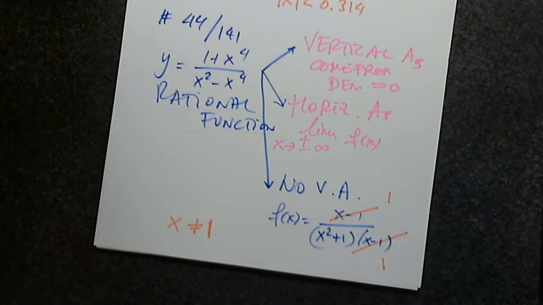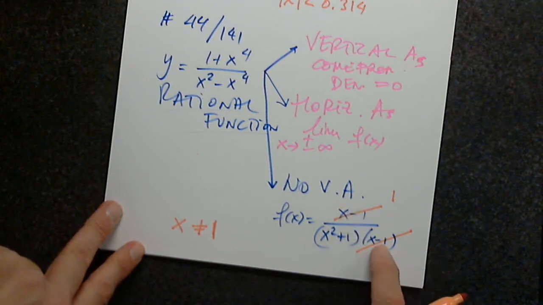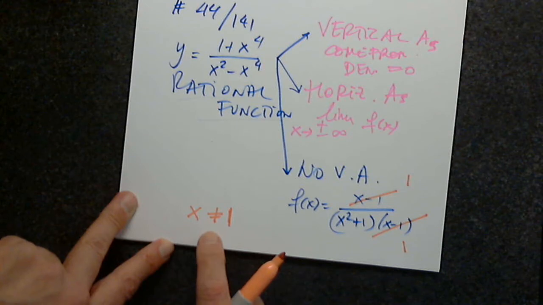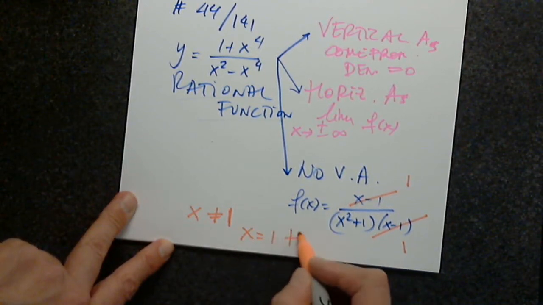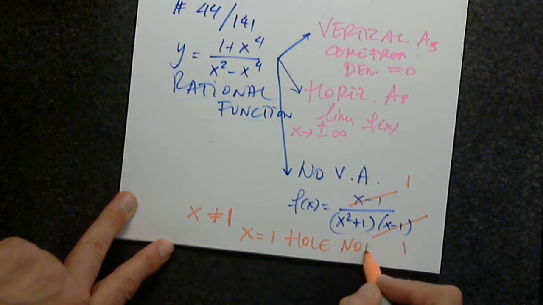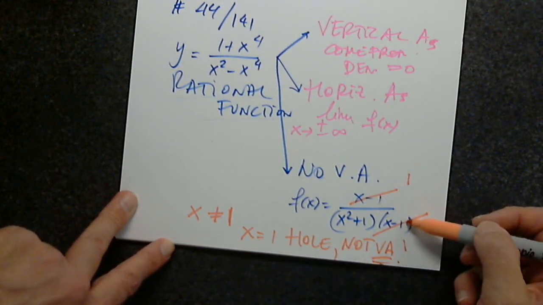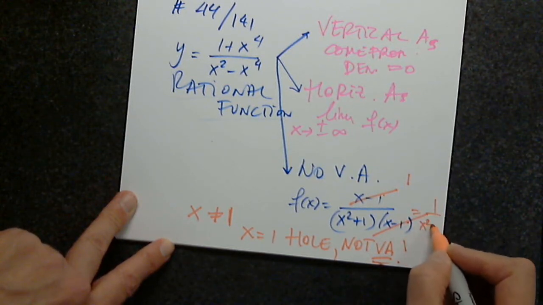If the factor that creates 0 in the denominator goes away, this function is still undefined at 1, but x equals 1 is a hole, not a VA, only because the factor went away. So the new function is just 1 over x squared plus 1.